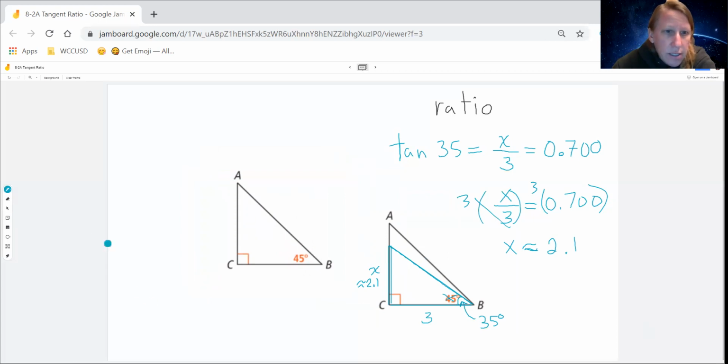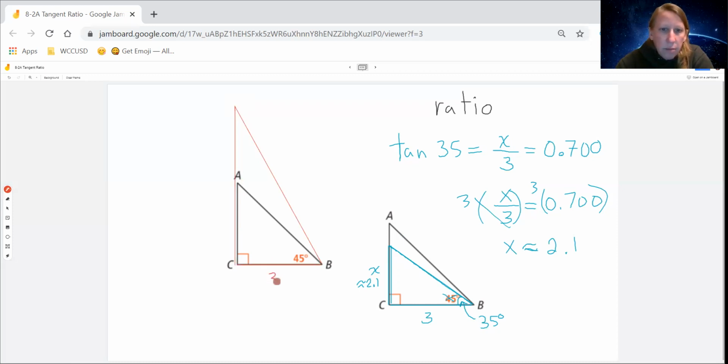Let's do a similar process, but instead of a 45-degree angle, let's say we make it bigger. Let's say we change this angle from 45 and we make it that way. And we'll keep the base the same. We'll keep the base as 3. This is the triangle I'm talking about.